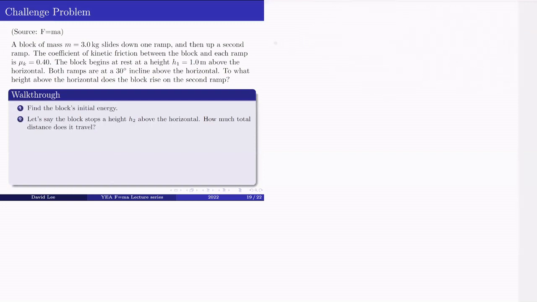So we have here initially, it's right here, and it's at a height of 1 meter, and it starts out at rest.